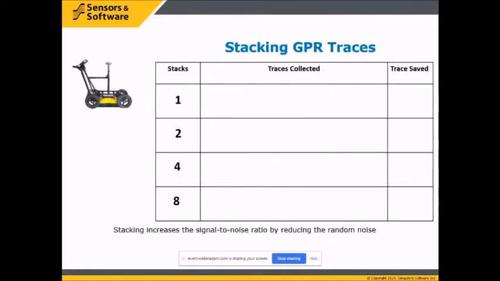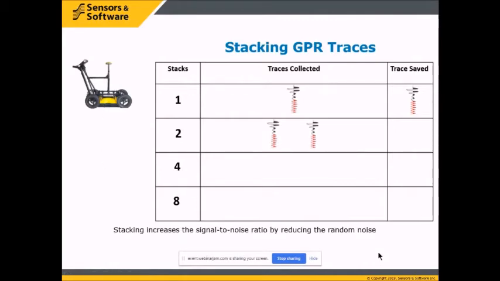Stacking means that rather than just recording the signal every time the GPR transmitter fires, we allow the transmitter to fire multiple times at one location. We then average the traces and we only record the average trace. So if we stack 2 times, we fire the transmitter once, we save the trace.